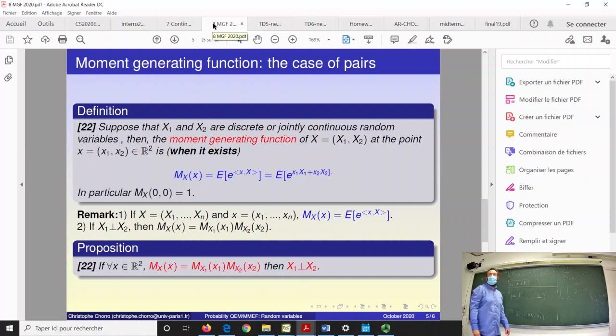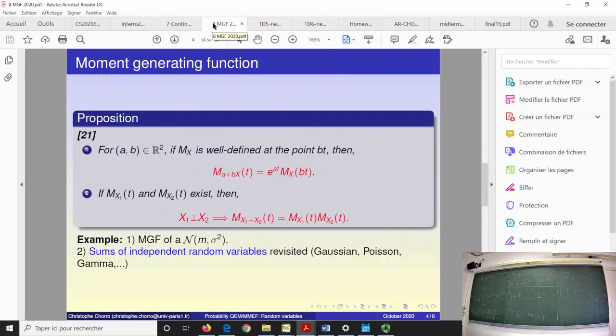And here, in fact, I can express the moment generating function of the pair in terms of the moment generating function of each component, m_x1(t) times m_x2(s). Be careful concerning this relation involving independence. It's not this one. Here you have the moment generating function of the sum at the point t, that is the product of the moment generating functions.